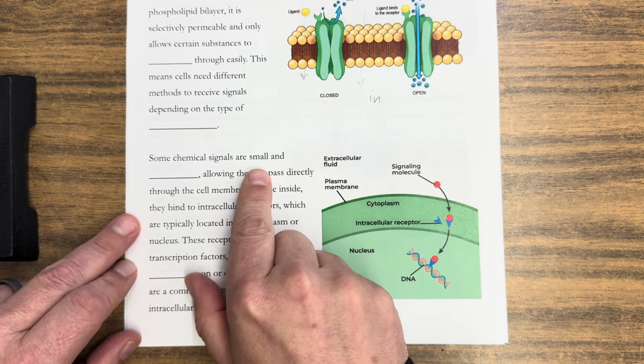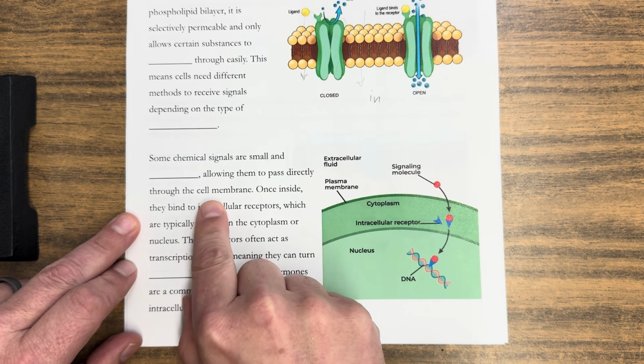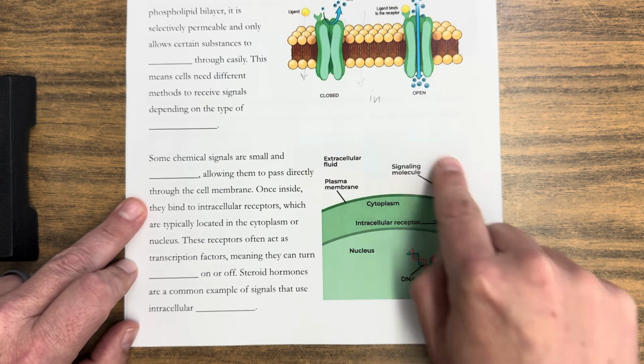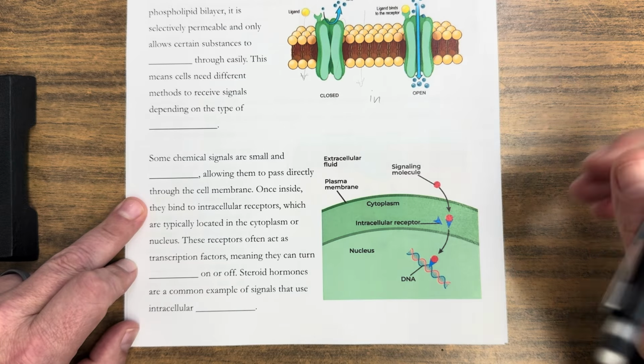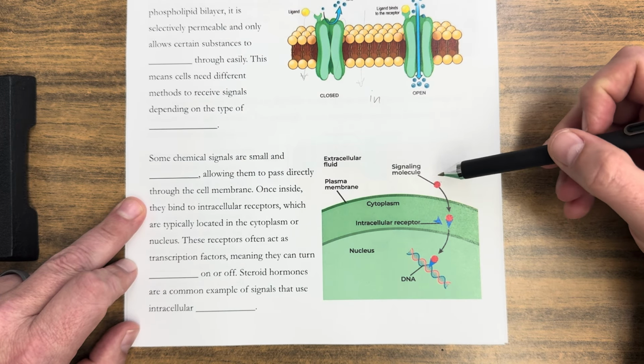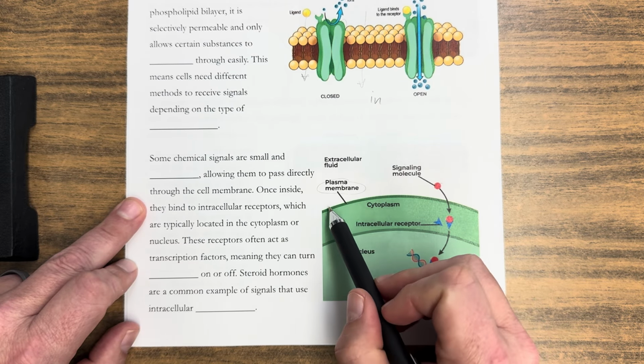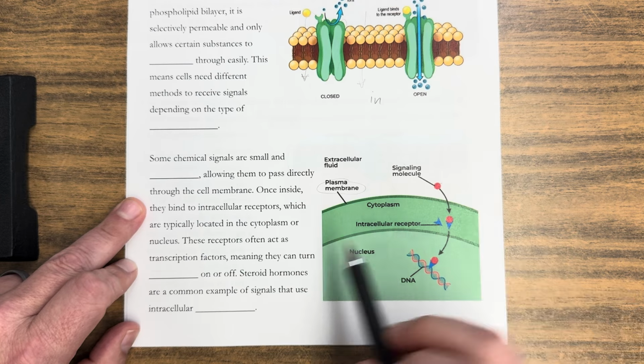Some chemical signals are small and nonpolar, allowing them to pass directly through the cell membrane. So that's what we have here. This is showing you a signaling molecule. This is the ligand, and it's going to pass straight through the cell membrane, or plasma membrane, right here.